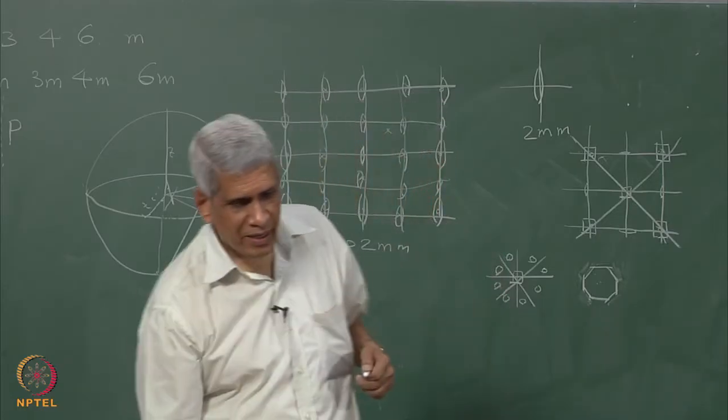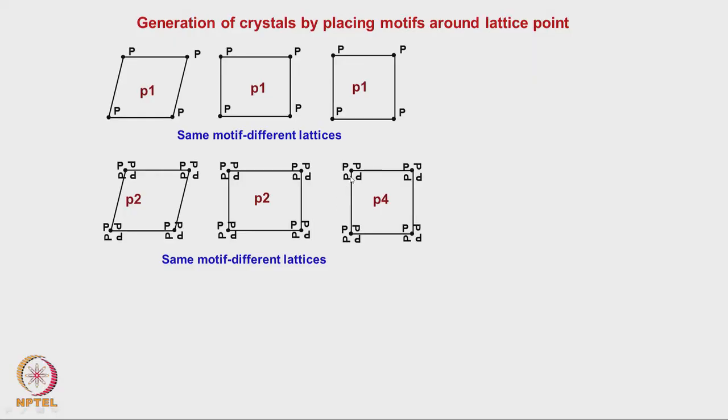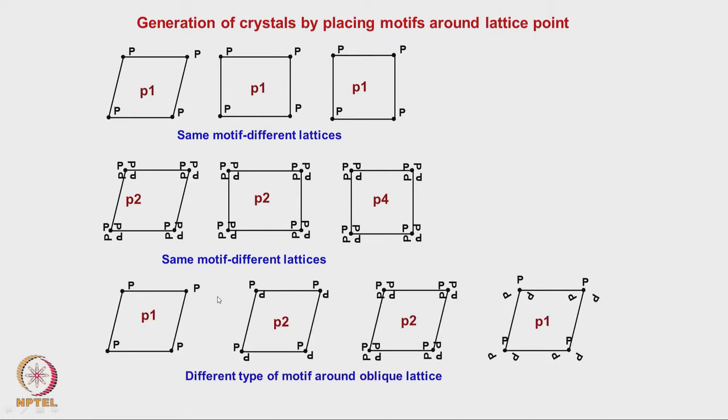That is because the mirror planes of the lattice are there, but this motif has no mirror symmetry associated with it. You understand that? Okay. I am just taking a few examples to illustrate the point.